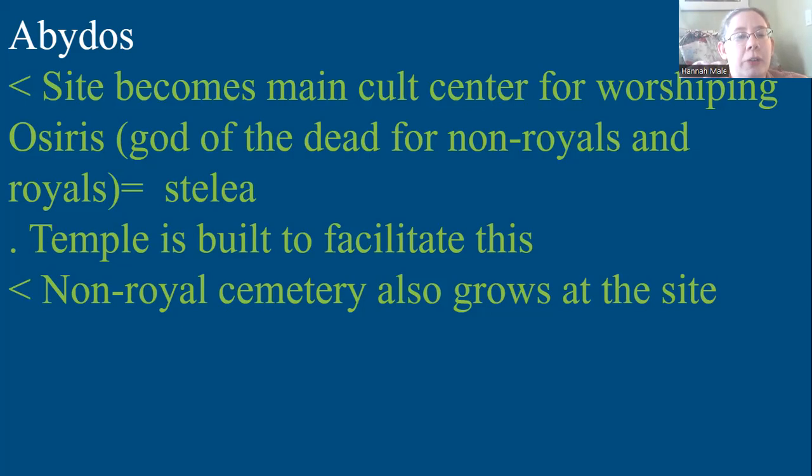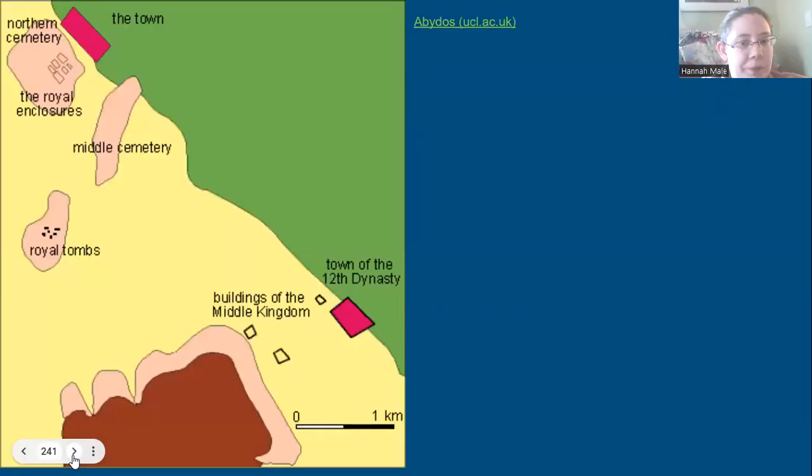And as a byproduct of this burial and of the pilgrimage, you get stele. And you also get a temple to Osiris that's built at the site that people come to in pilgrimage as well. So this is a map of Abydos from Digital Egypt, and it shows some of the different phases.